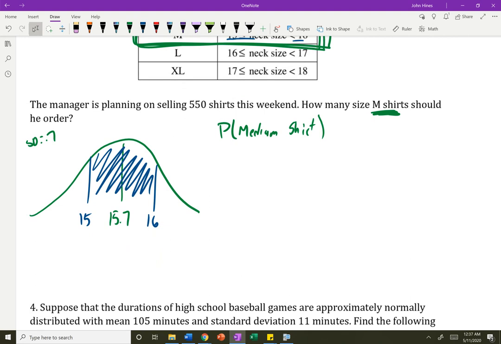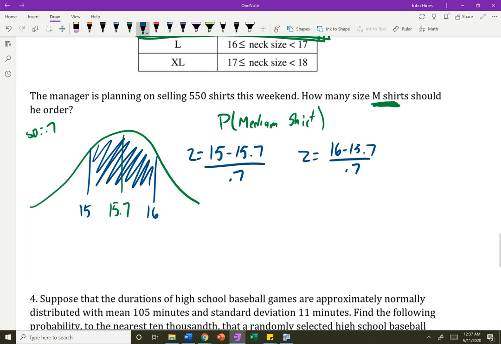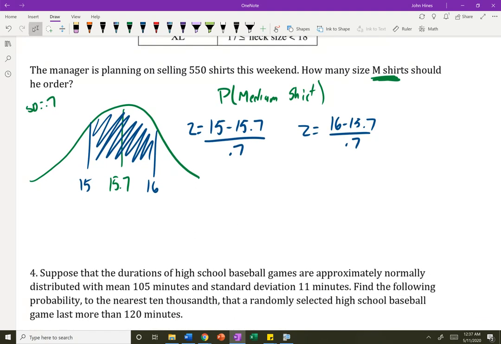Well, I need a z-score. If I want to work with 15 and 16, I need z-scores. Z equals value minus mean over standard deviation. I can do this first one in my head. Negative 0.7 over 0.7 is negative 1.